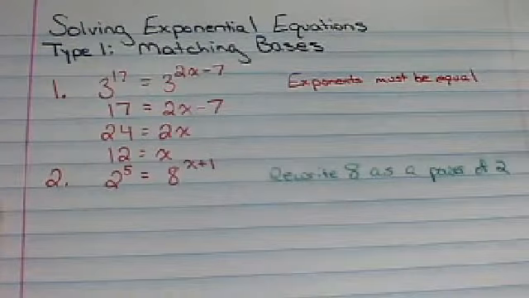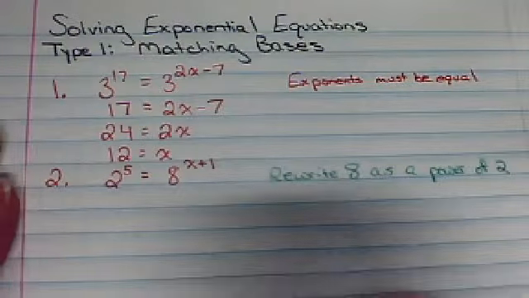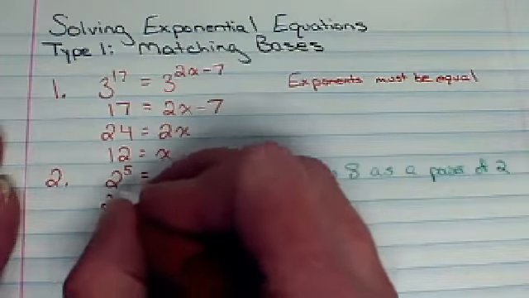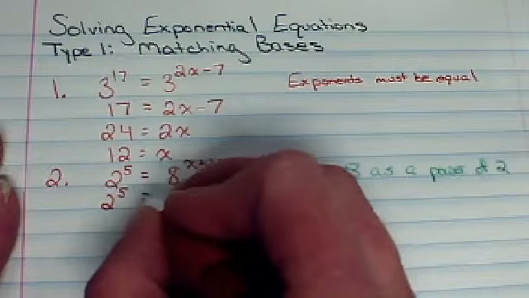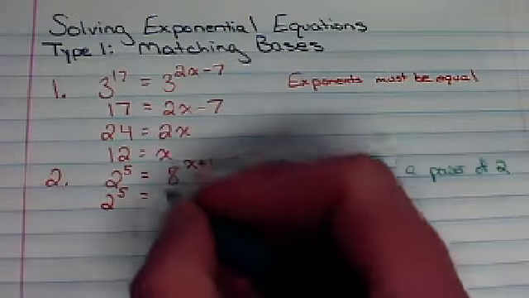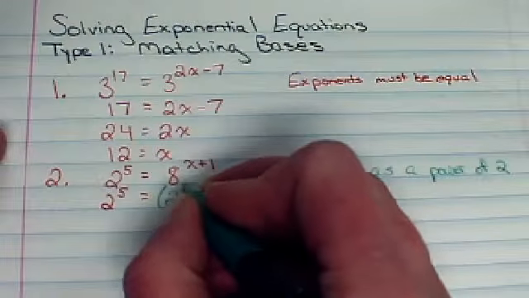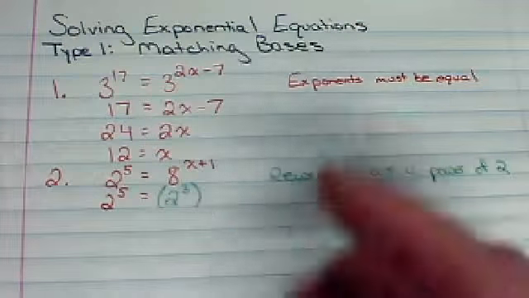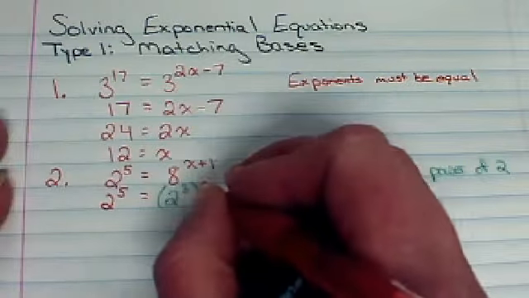Well, there is. 8 is really 2 cubed. So let's leave the left side like it is, 2 to the 5th. And on this side, I'm going to rewrite 8 as 2 cubed. It's still to the x plus 1 power.